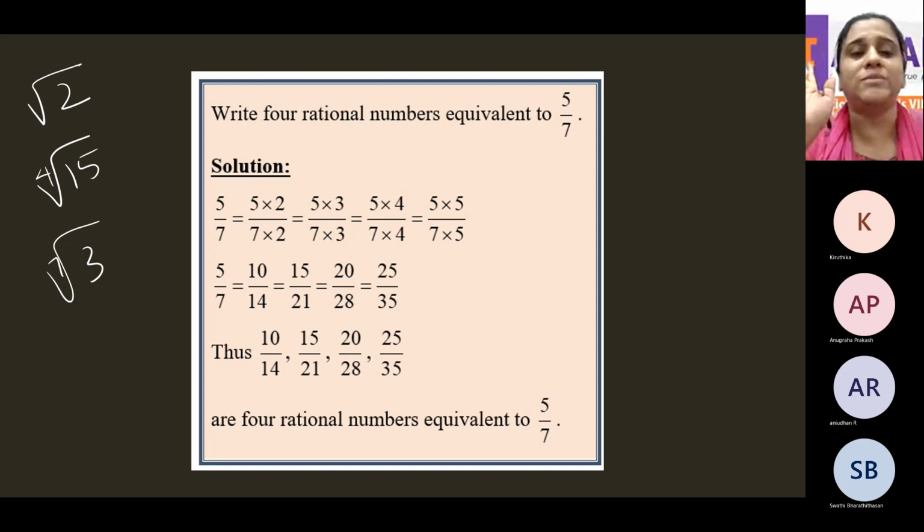It will not share it with anybody else. That's why the number line is called a real number line, because every real number has a place on it. All right.